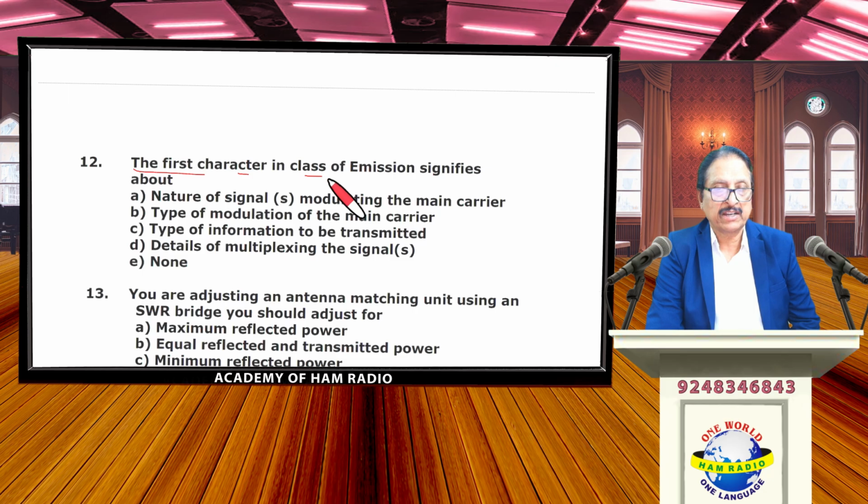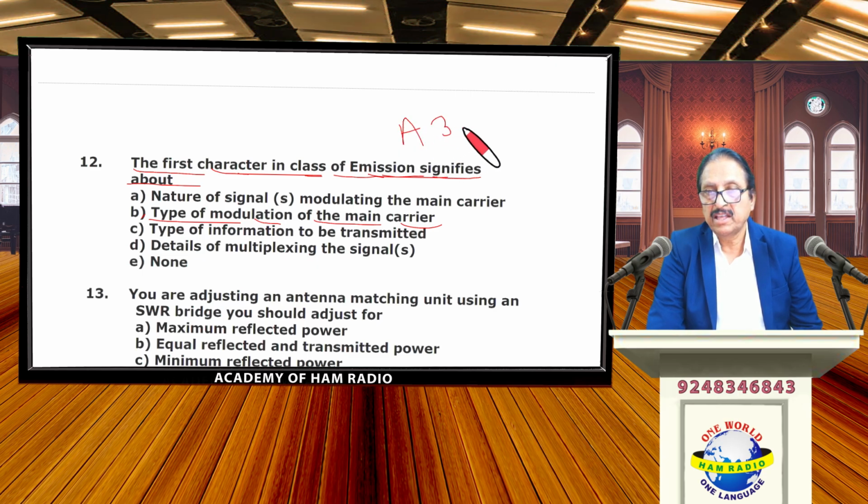The first character in class of emission signifies about type of modulation of the main carrier. So this is the first character in the emission. Suppose for example, A3E is there. These are emission 3 letters.